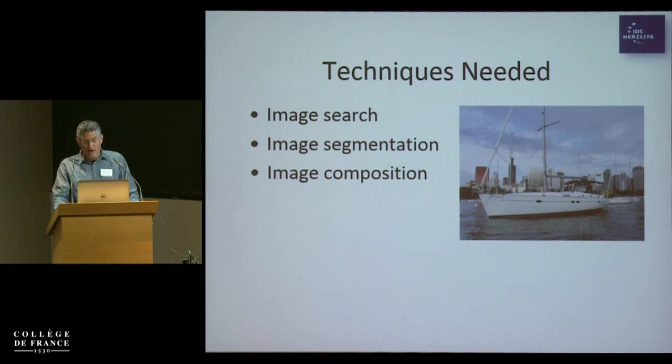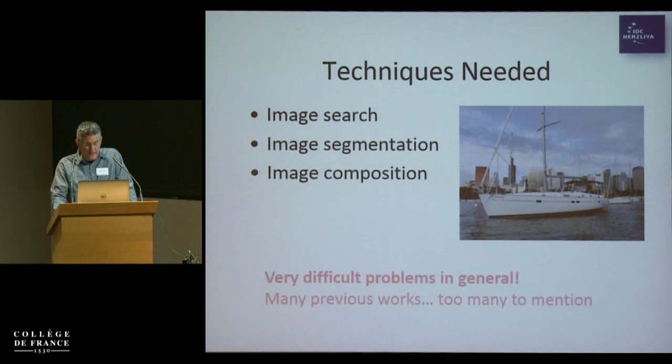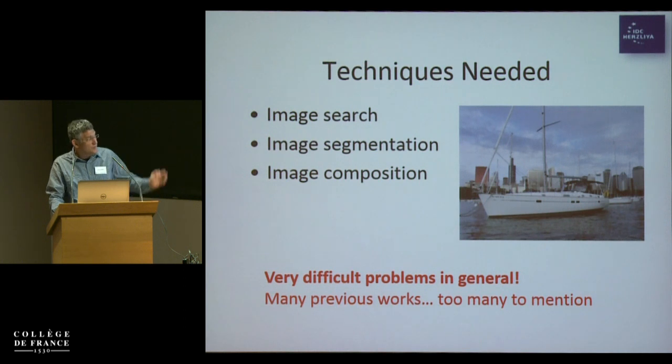All these are difficult problems that computer vision and computer graphics have been dealing with, and there is a lot of previous work, too many to mention, that deals with all of those problems. They're not simple to solve, especially in a general case. As you can see in this example, how do I cut out the boat out of this image and composite it back into a new composition?